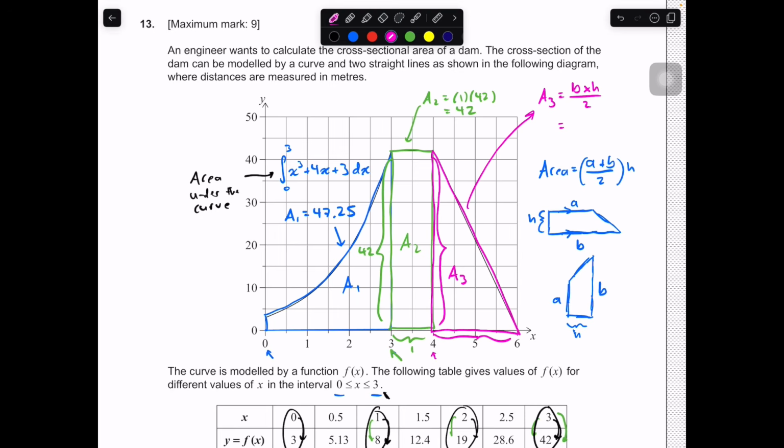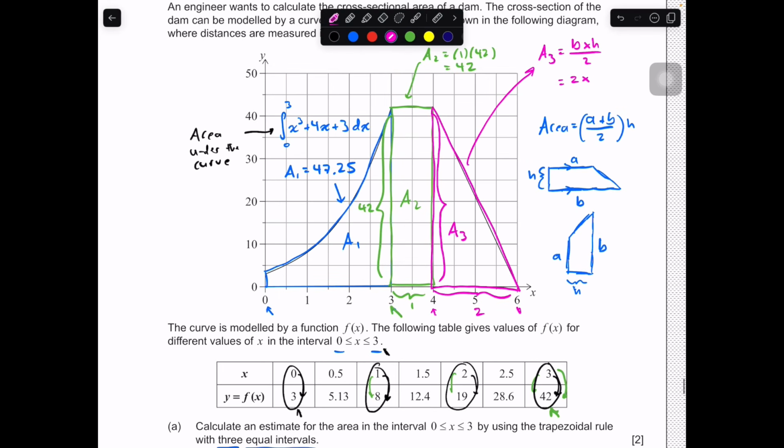If we're going from 4 to 6, our base is equal to 2, times our height, which we don't have a value for, but it's a straight line right here. So if this was a y value of 42, this is also going to be 42. So base times height divided by 2, and these 2's are going to cancel out, and we're just left with 42.